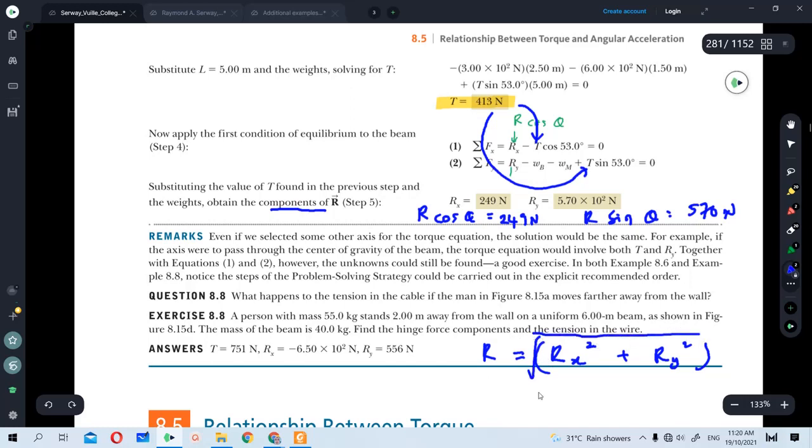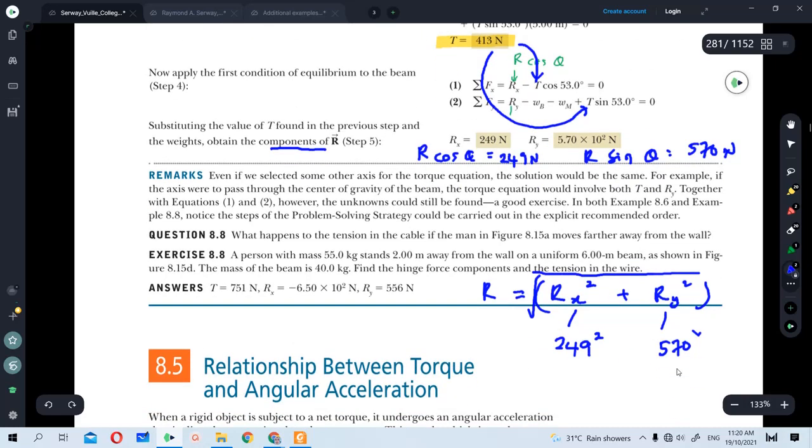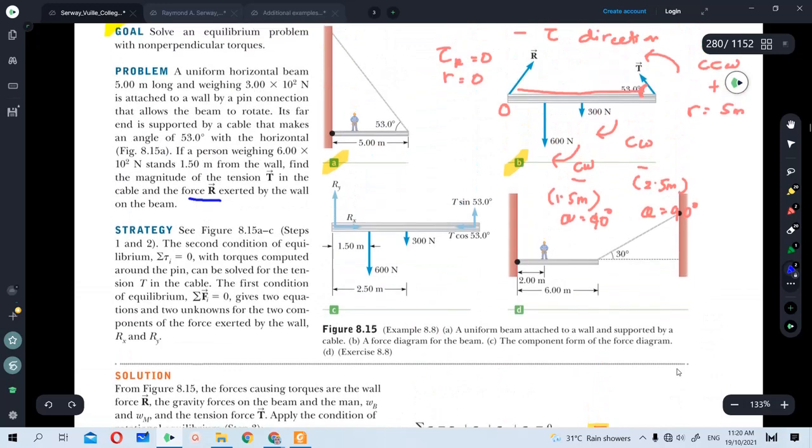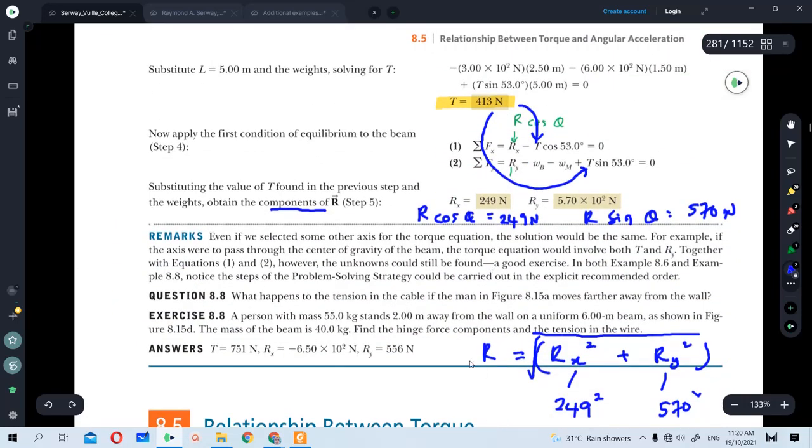So mathematically we expect 249 squared and 570 squared, and take the square root of both numbers, and you will arrive at one singular value. So I repeat myself again, since the question is asking you for the force R without saying that they want the components, then the expectation should be this technique: 249 squared plus 570 squared.